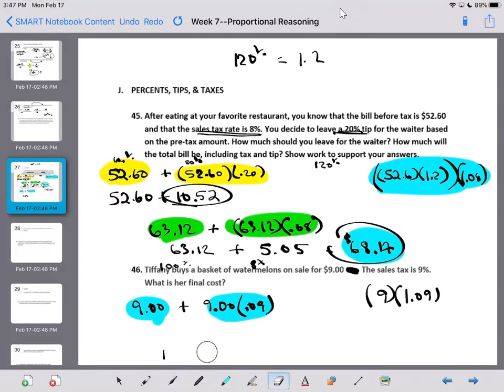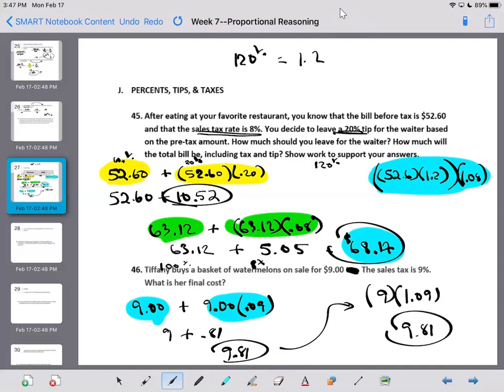So either way, if you take 9 and multiply it by 9/100, you're going to get 81 cents. So that's $9.81. You come over here and type this in as 9 multiplied by 1.09, you're going to get 9.81.